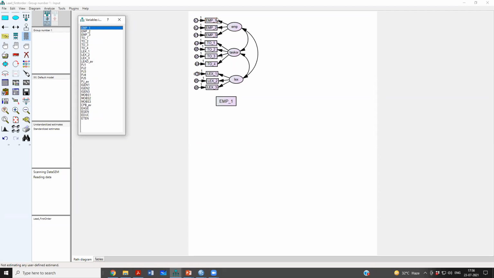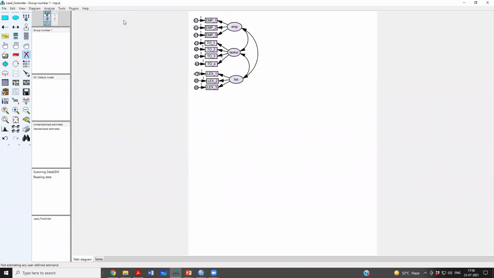If you have not put it properly, the item is lying there, but it is not connected to this latent factor. So maybe just check. Yes, maybe that could be a problem.